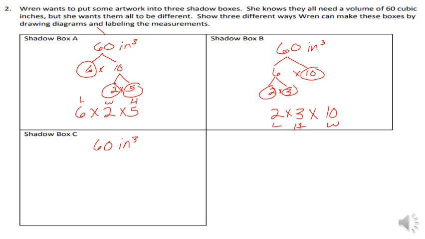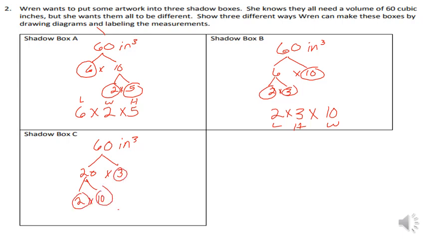On C, I'm going to do one more time, 60 inches cubed. Now this time I could do a couple different ones, but this time I'm going to go 20 times 3. That gives me 60, and it can be any 2 factors that when you multiply them together equal the product that you started with.